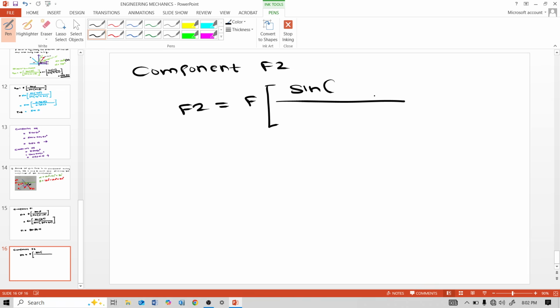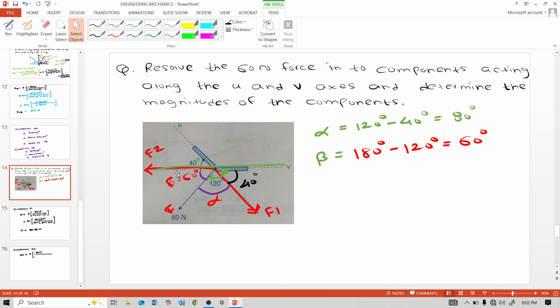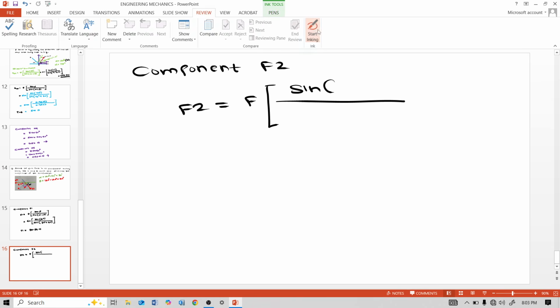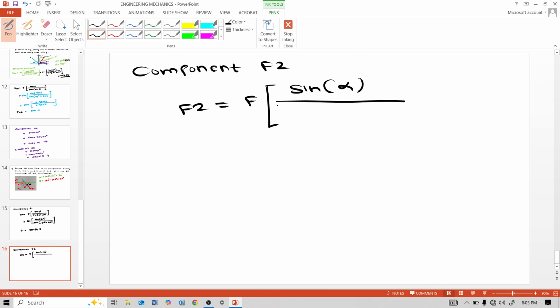Now this component is different, so the numerator angle will be different. Between F and F2 the angle is beta, but do not consider this beta here, consider the opposite angle alpha. That means the angle between the force F and the other component, upon sine of alpha plus beta.